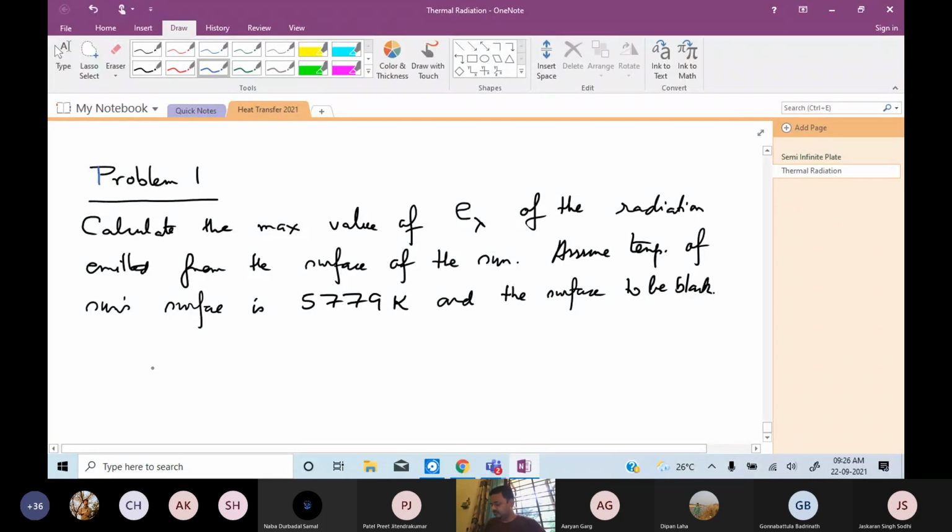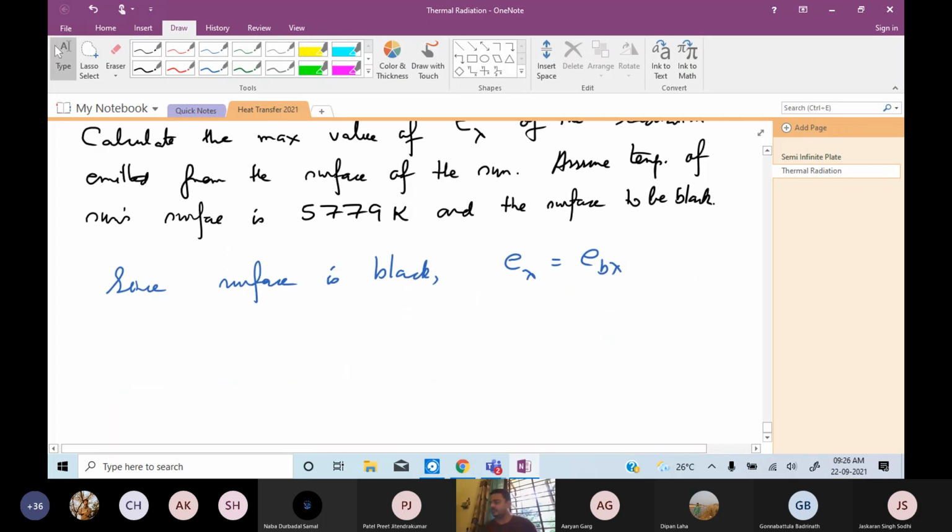It means that since the surface is black, E lambda is equal to E_b lambda. Okay. So the question is, what is E_b lambda max?